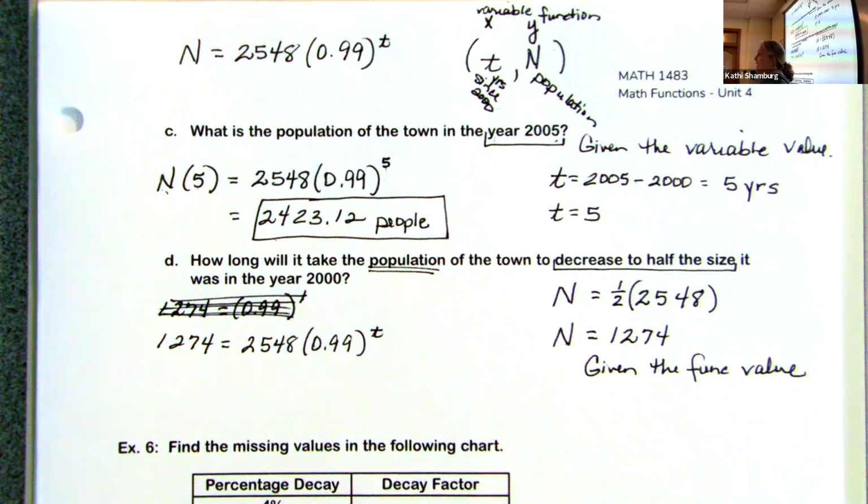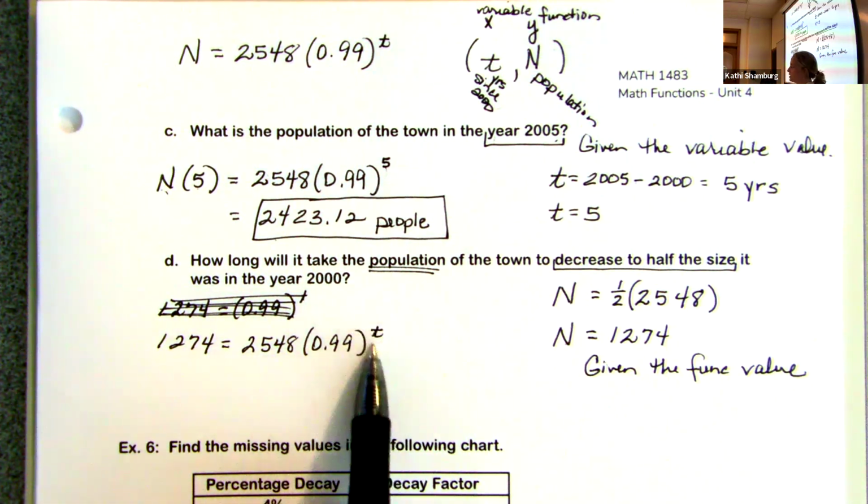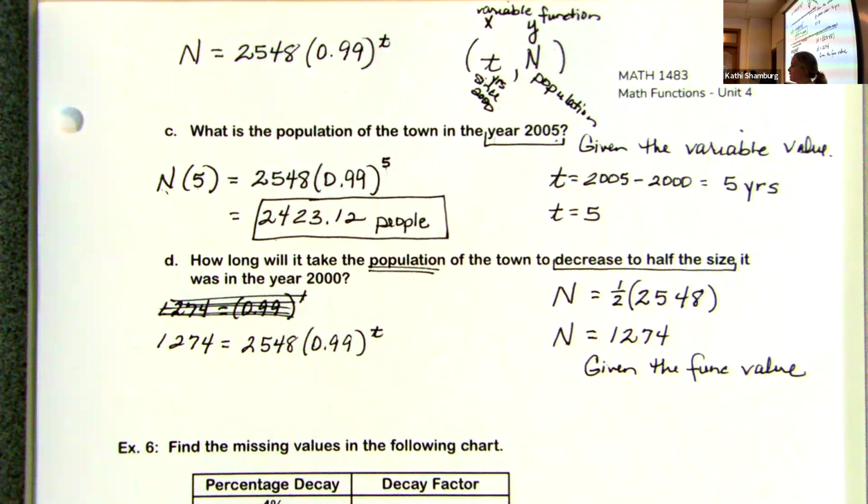Okay. Now, in the last unit, when we did problems like this, it was linear and we just solved for the variable. But now that variable, or the unknown, is up in the exponent, it is not as easy to solve. If you were in algebra for STEM, you would learn how to solve for that unknown by normal algebraic steps.